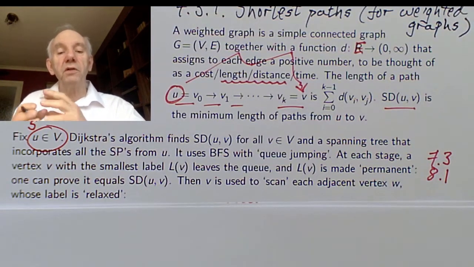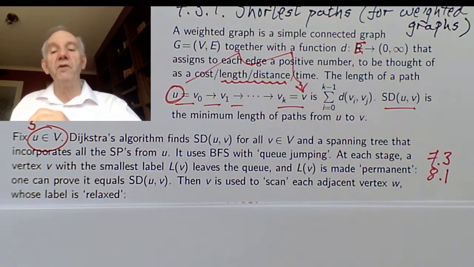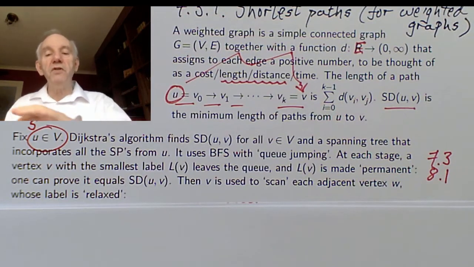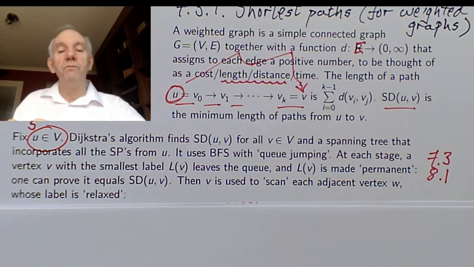So you look at the smallest label, and then that will be correct. The smallest label, which is a guess for the shortest distance, will be the correct shortest distance. So I think of moving that to the left-hand side and thinking of that as a permanent vertex and permanent label, and then you can go on.